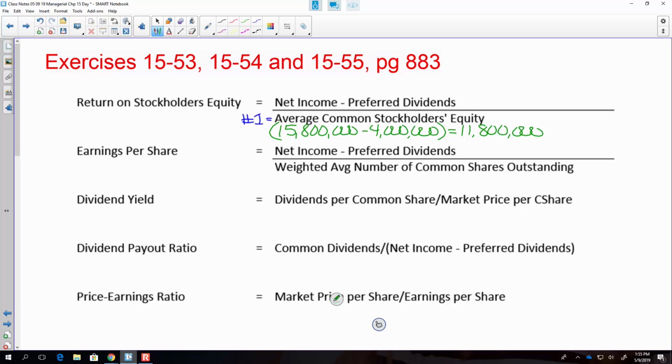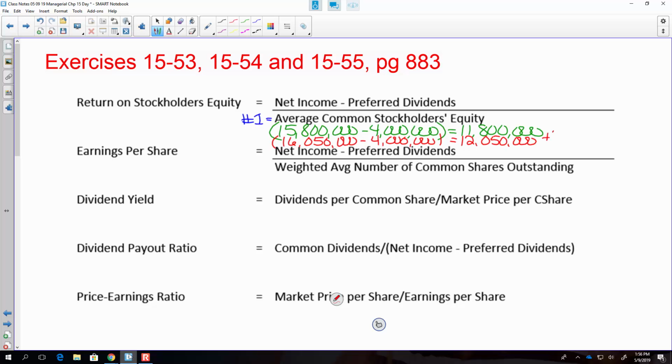We'll do the same thing for the end of the year. End of the year, we were at 16,050,000. I'll just put this in a different color. And also had 4 million. That didn't change. So that gives me 12,050,000.